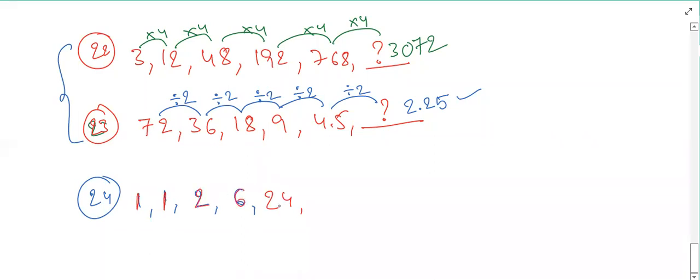Yes, sir. 1 into 1 is 1, and 2 into 3 is 6. First number into 1, second into 2, and third number into 3, sir, like that. Into 4 is 24, and into 5 is 120.